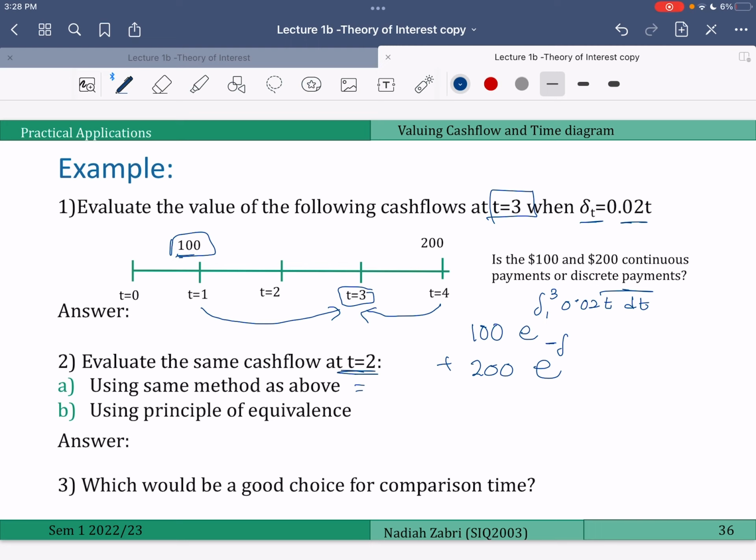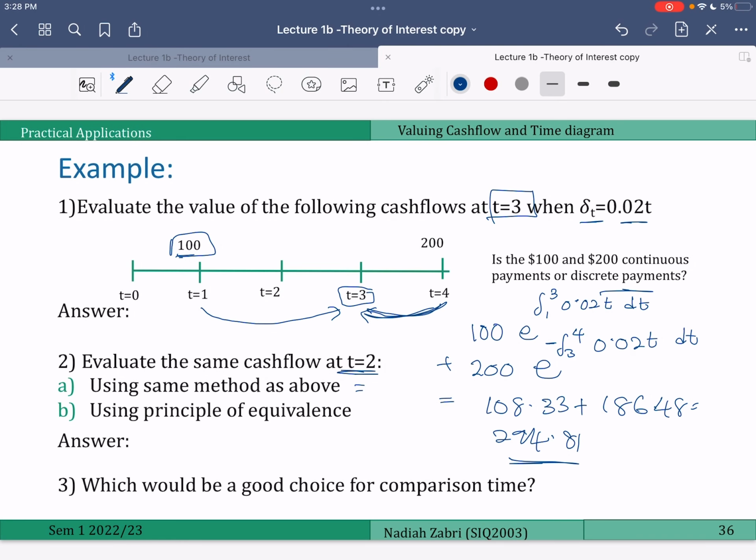The integral is between 3 and 4 of 0.02 t dt. If you calculate this, you will get 108.33 plus 186.48 equals 294.81. That is the value at time 3.